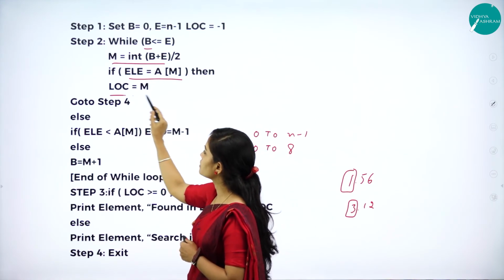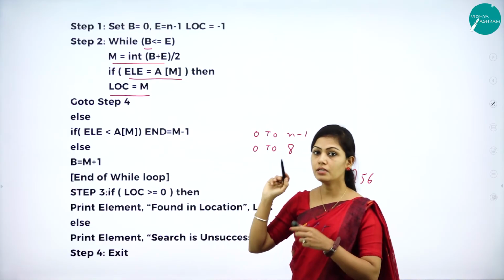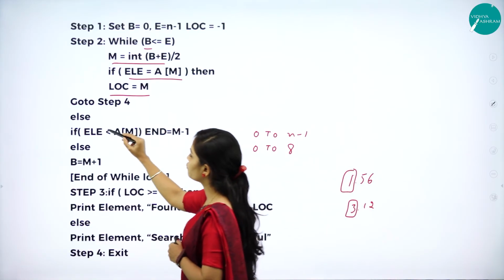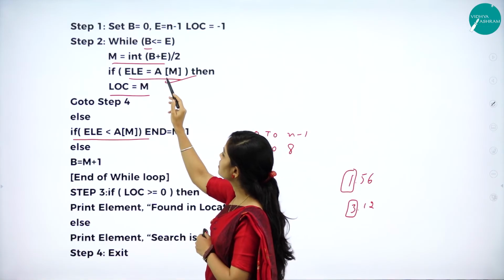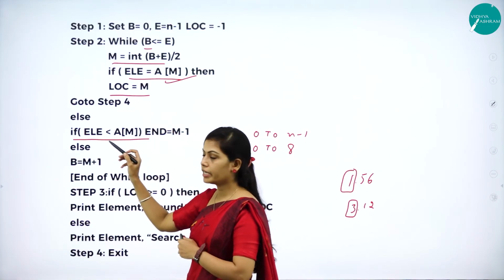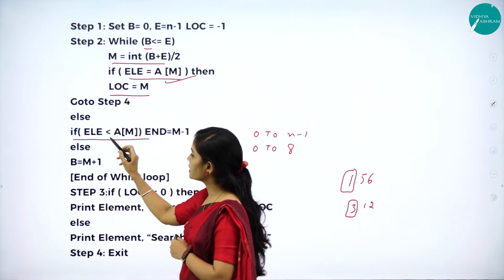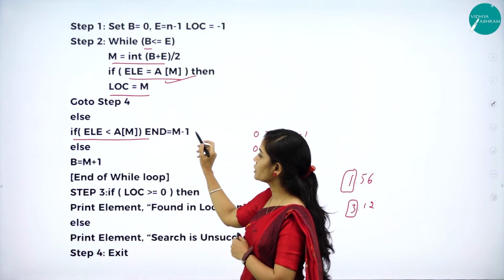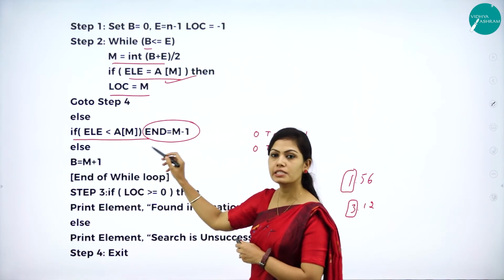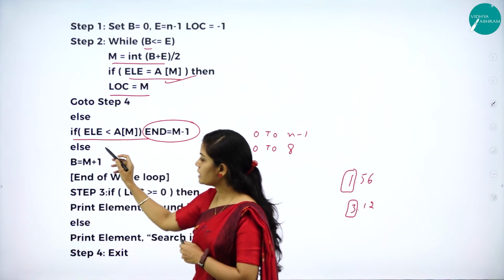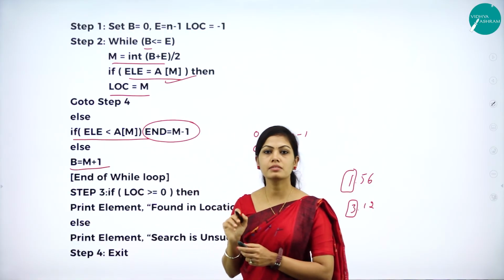Then location is equal to M. You will get the location and go to step 4. Or else, if this condition is not true, you can go for the if statement, that is if element is less than A of M, then end is equal to M minus 1, or else B is equal to M plus 1.